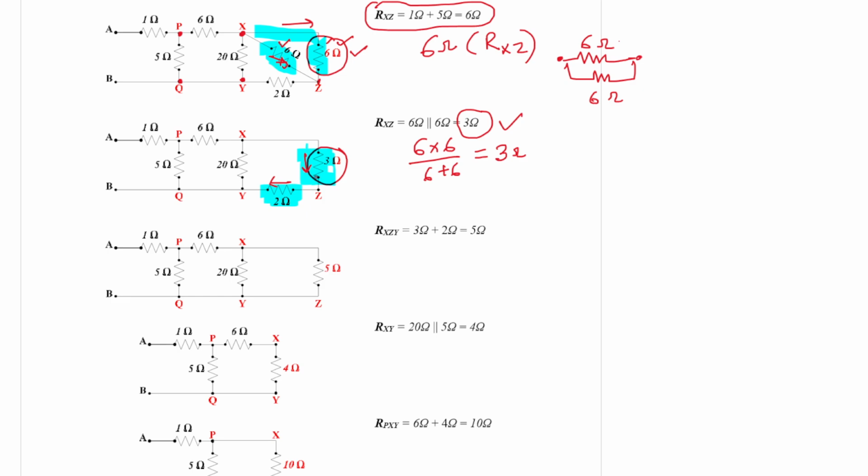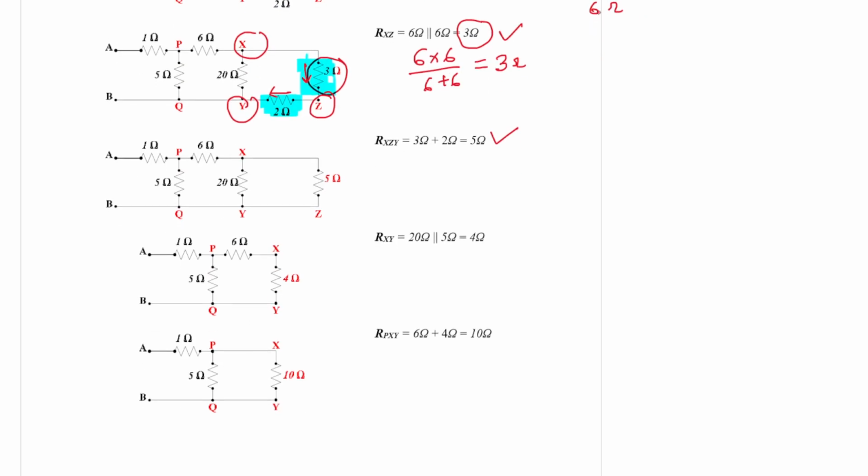So equivalently, RXZY, where this is X, this is Z, and this is Y, is basically 3 ohm plus 2 ohm, which is 5 ohm. So this 3 ohm and 2 ohm resistance are equivalently represented as a 5 ohm resistance.